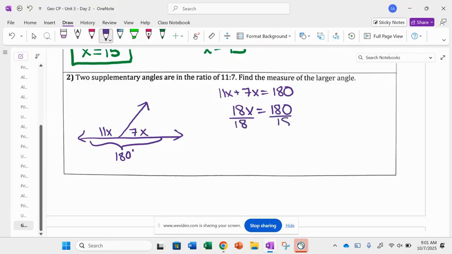Divide by 18, and x will equal 10. Find the measure of the larger angle. Which one is larger, 11x or 7x? So the larger angle is going to be 11x, which is going to be 11 times 10. So 11x is 110 degrees.